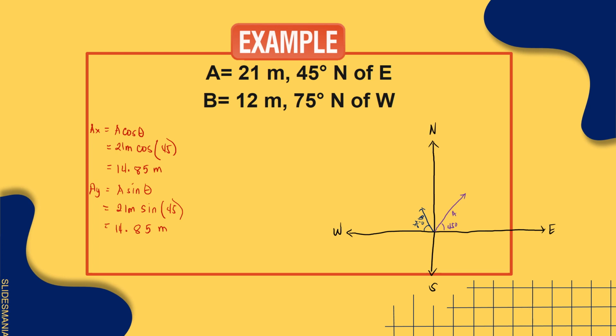For the B vector, we have Bx is equal to B cosine theta. Indicate the value of B, that is 12 meters, cosine, and the angle from the B vector up to the angle going to the x-axis.